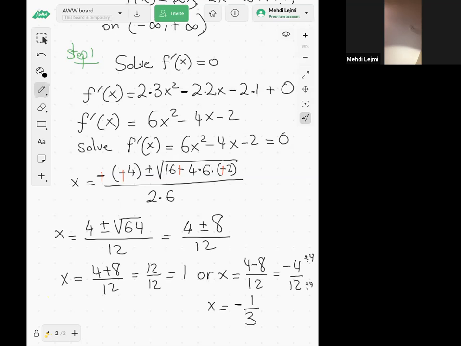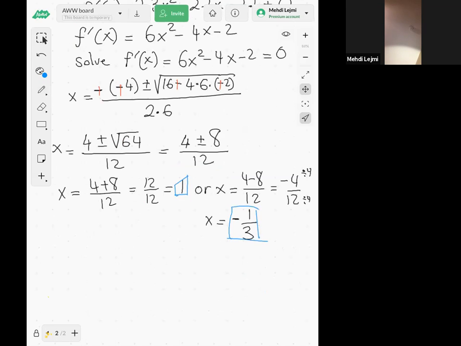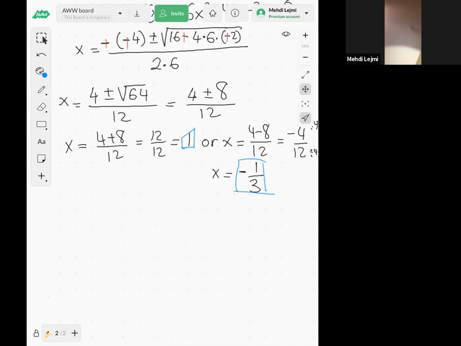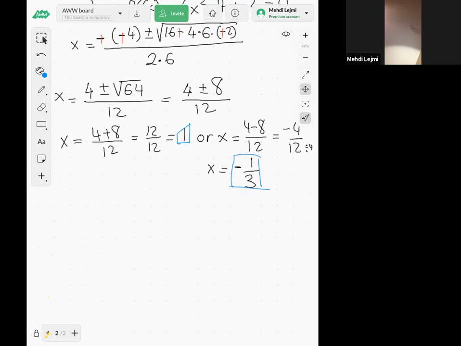All right, so we got two solutions, guys: x equal to 1 and x equal to -1/3, the solutions of f prime of x equal to 0. Now in the chart, this would be step number 2, the chart.